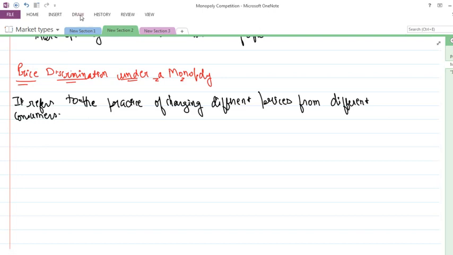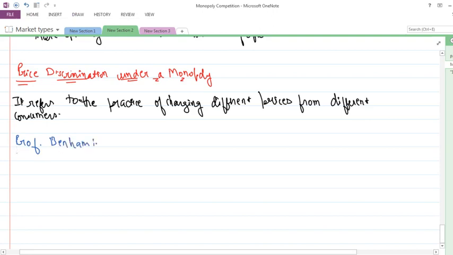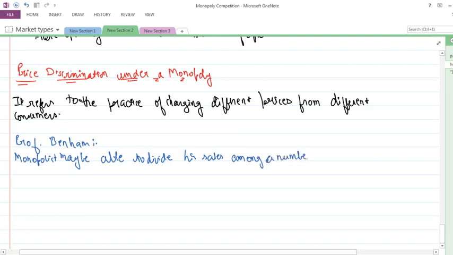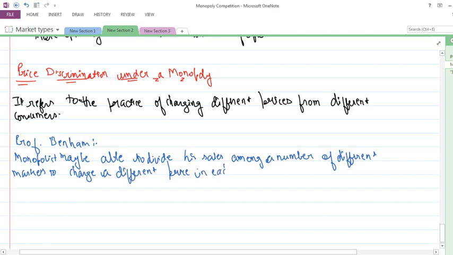According to Professor Benham, a monopolist may be able to divide his sales among a number of different markets to charge a different price in each market.